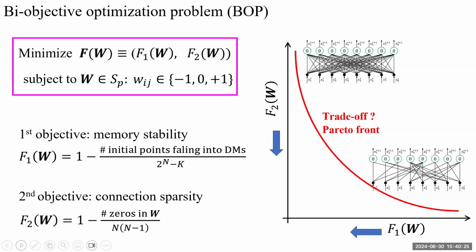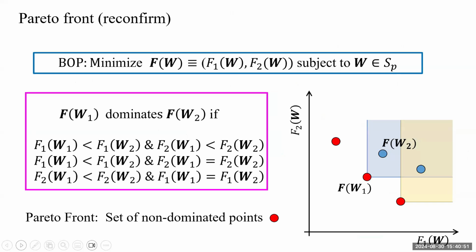Using these two objectives, we define the bi-objective optimization problem, BOP. So minimize both F1, memory stability, and F2, connection sparsity. Then we try to find a trade-off, Pareto plot, that is, in the objective space, F1 and F2. Here we reconfirm the Pareto plot. The definition is inverse from the previous one in part one.